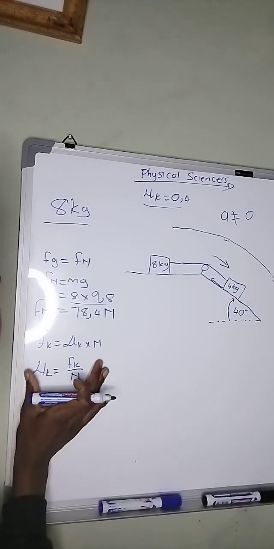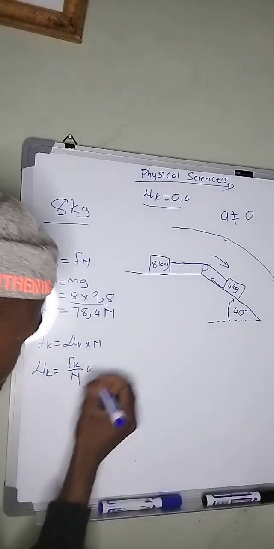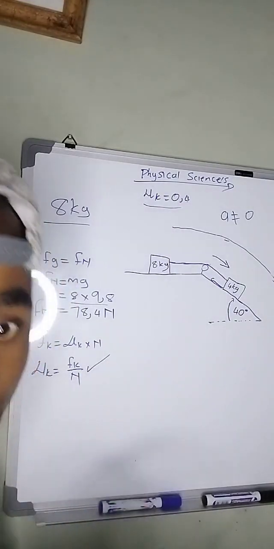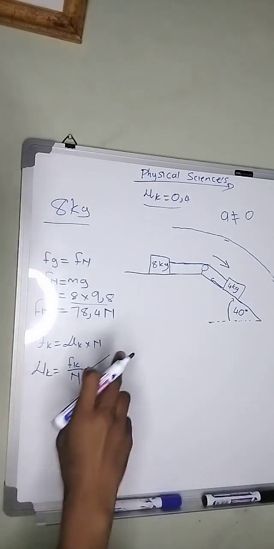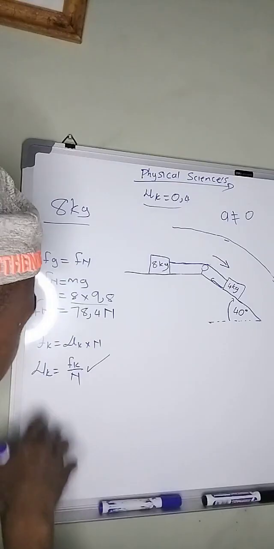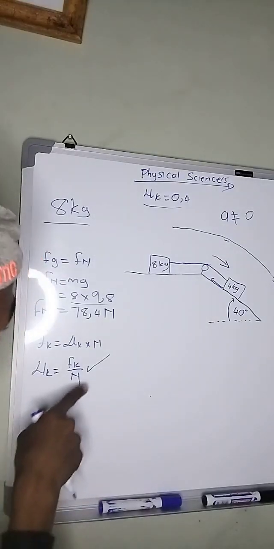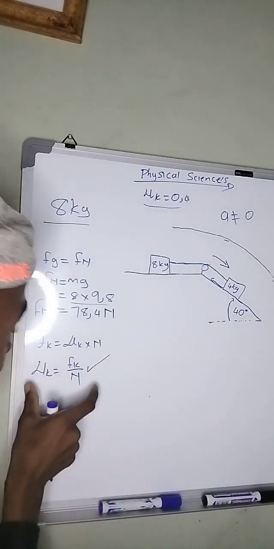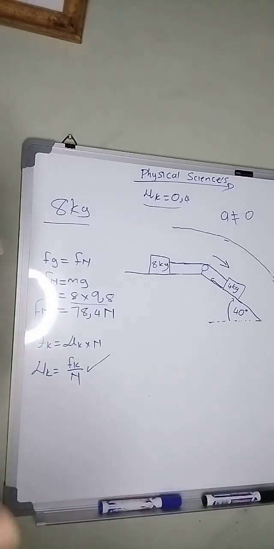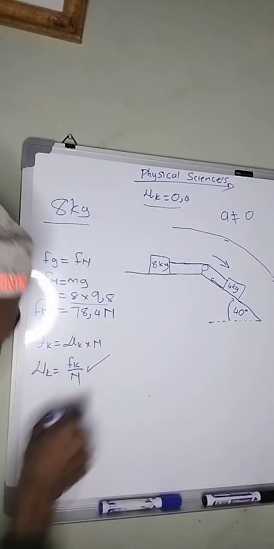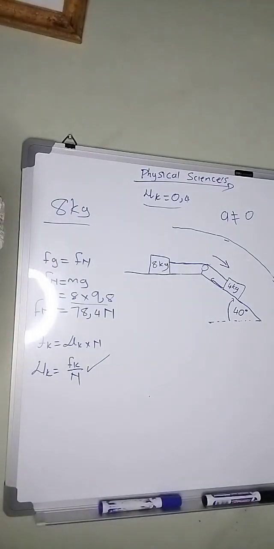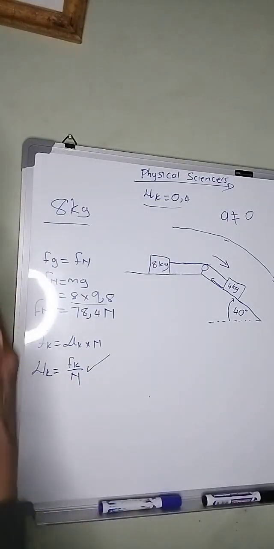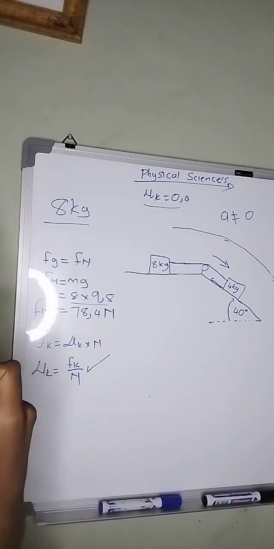They are marking you correct for using the right formula. You're going to get free marks for using the right formula. But if you are using it like this and on the formula sheet it is represented like this, it's going to be a problem, guys.